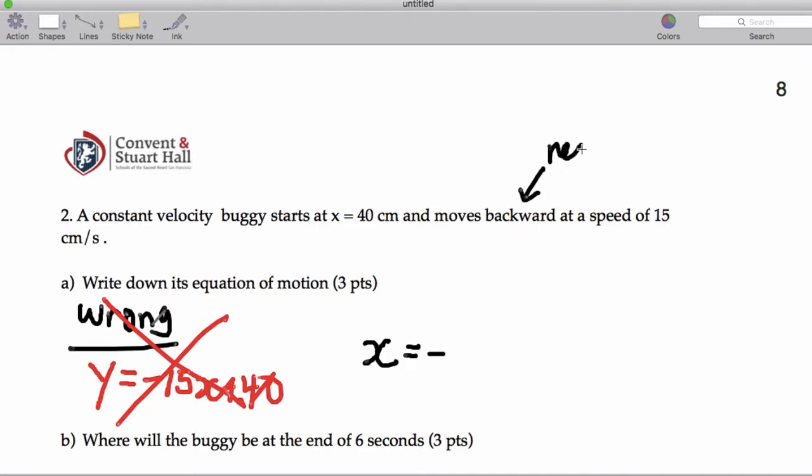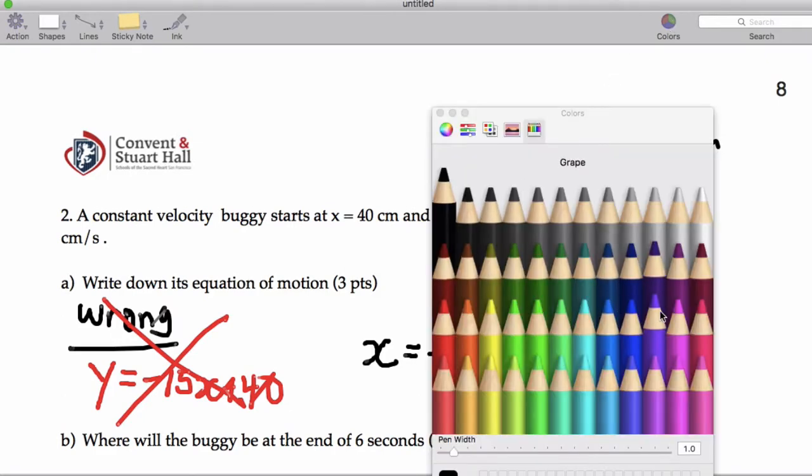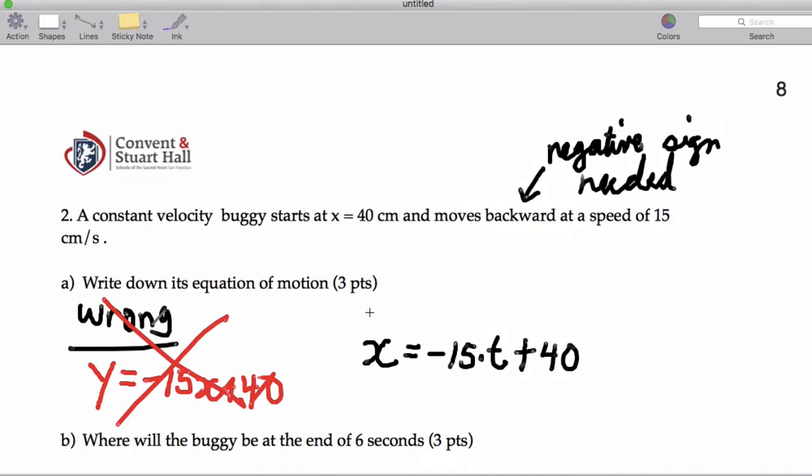This is backwards motion, so we need a negative sign. A negative sign is needed, so negative 15 times the time plus 40 centimeters. And again, this is based on the equation that we did before.